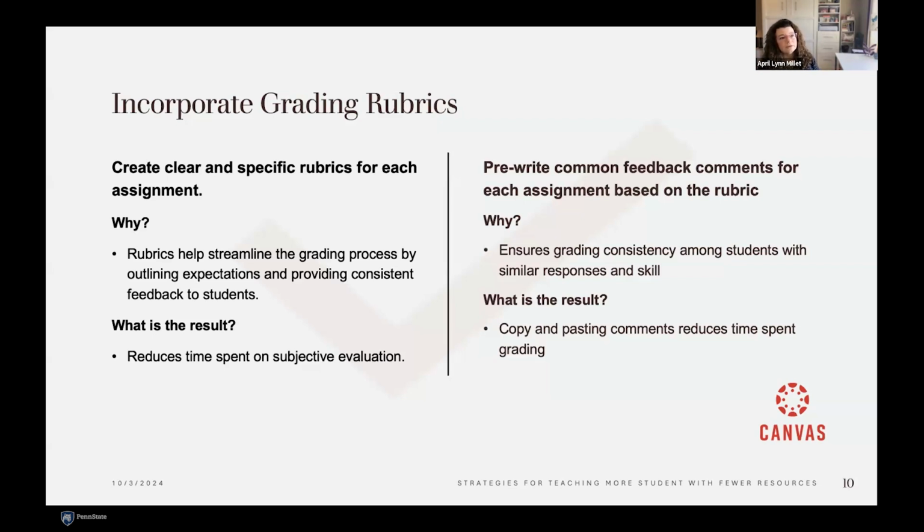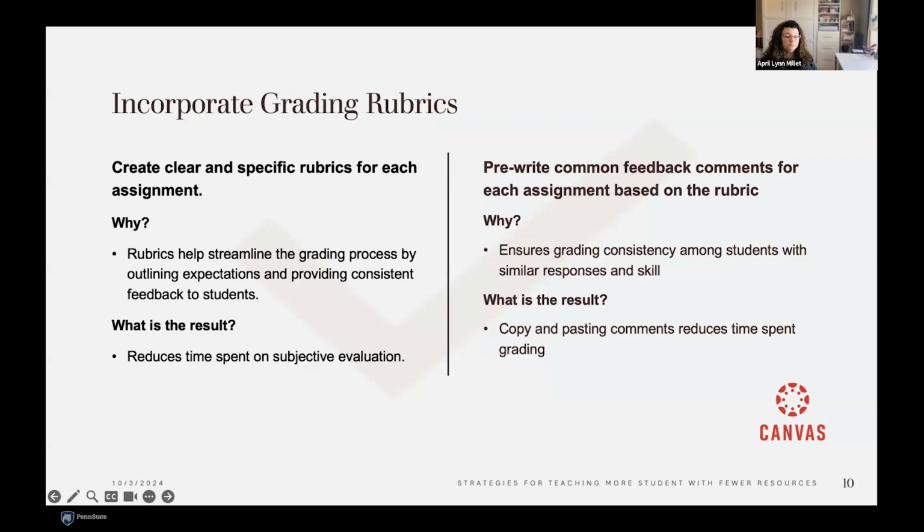And so this idea just has the faculty member write down a lot of those different pieces of feedback, and then they can literally just copy and paste it. And then for something that is unique about that student, they still have the ability to add something different for that. But at least for the stuff that's commonly used, they can create something for their own use.